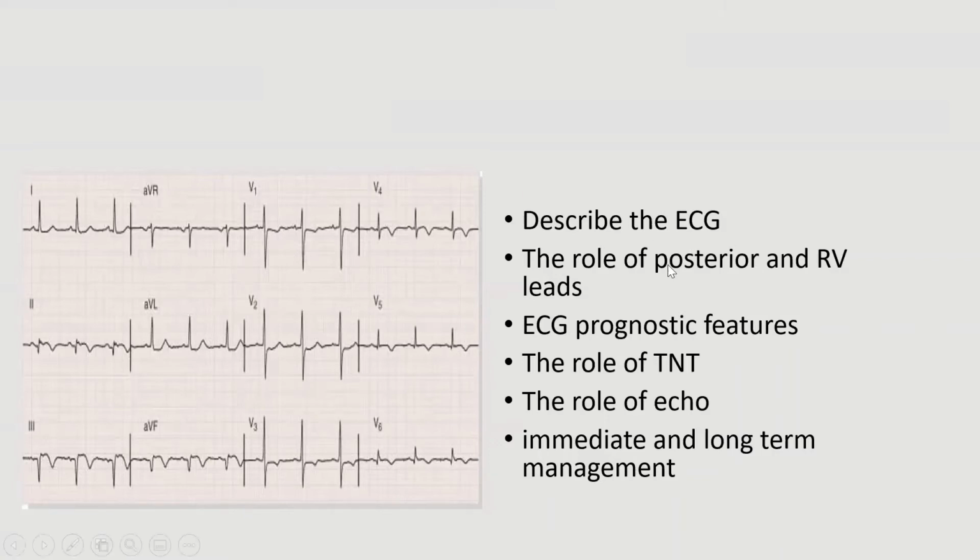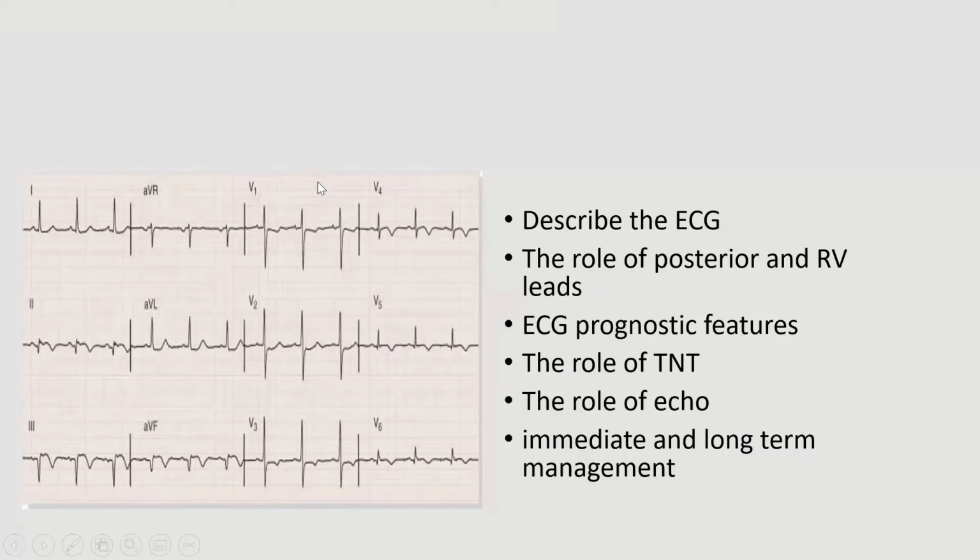And also if you are suspecting RV infarction, because the RV is not represented in this ECG, because RV is the right structure. V1 is the closest to the right side, to the RV, but V1, 2, 3, and 4 are overlying the LV. So the RV is underrepresented in the ECG. So if you want your ECG looking at the RV, you do RV leads.